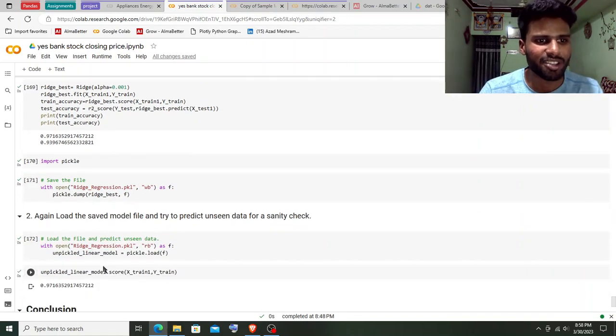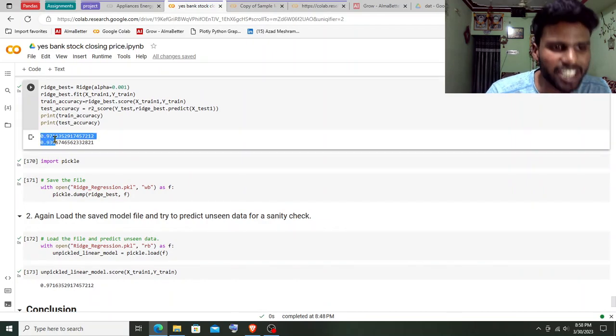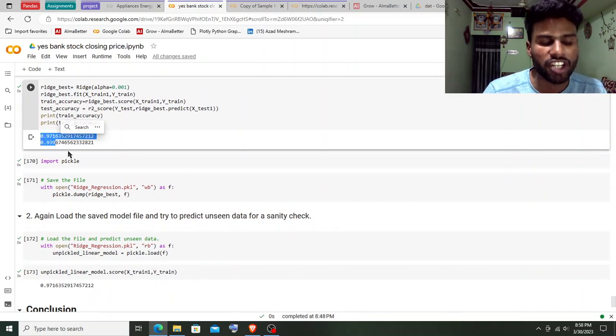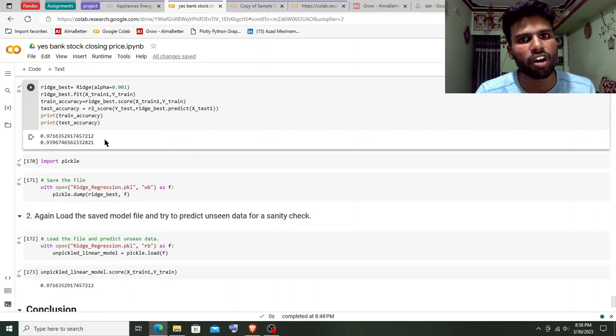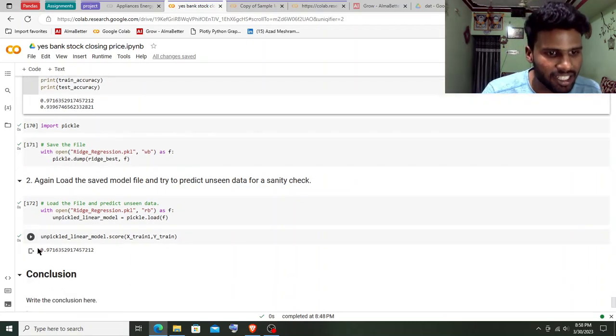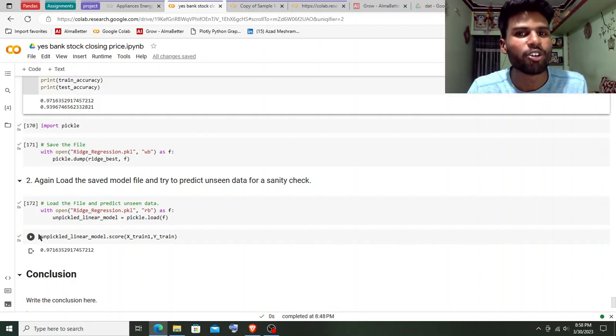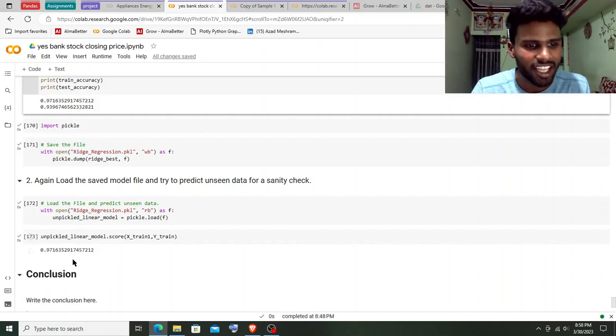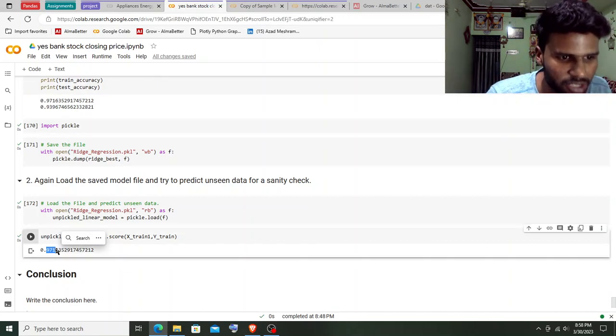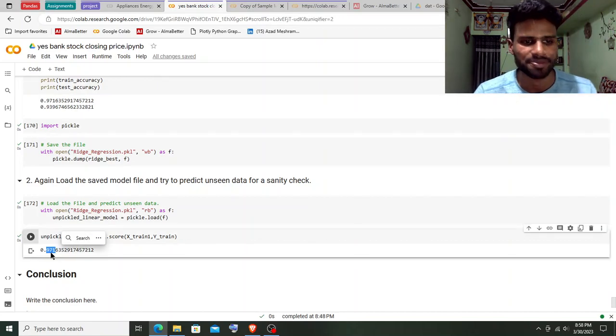And again we can see the train accuracy was 97%. The ridge regression was showing 97% accuracy for the training data set, and the same thing when we unpickled our pickled file, we got the same accuracy. So this is the advantage of pickling.